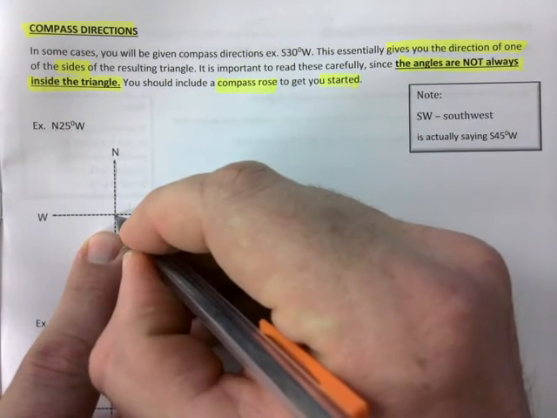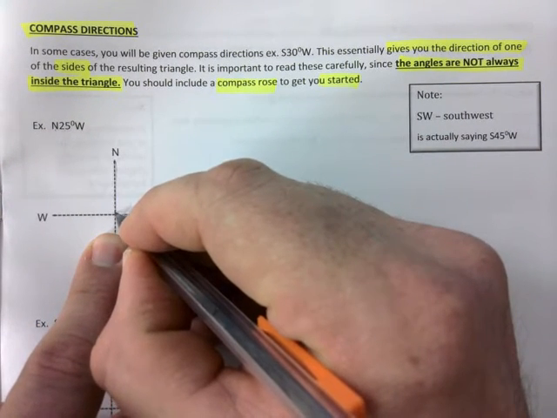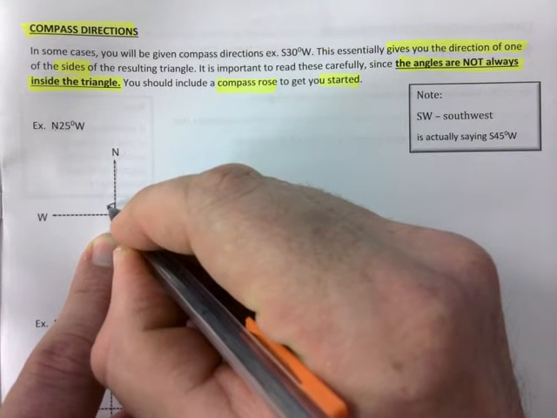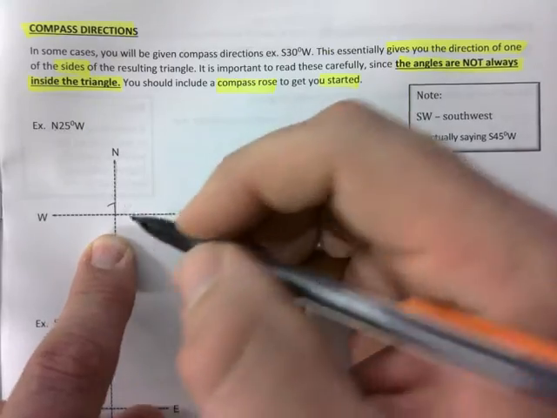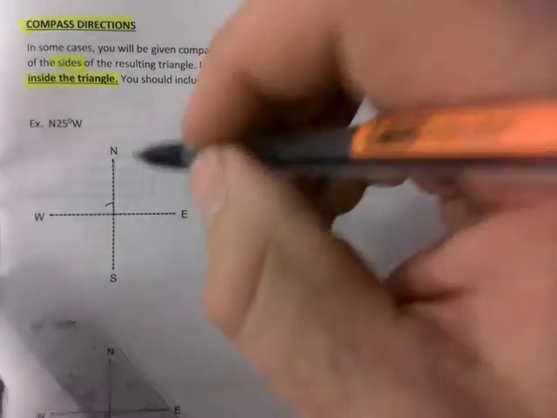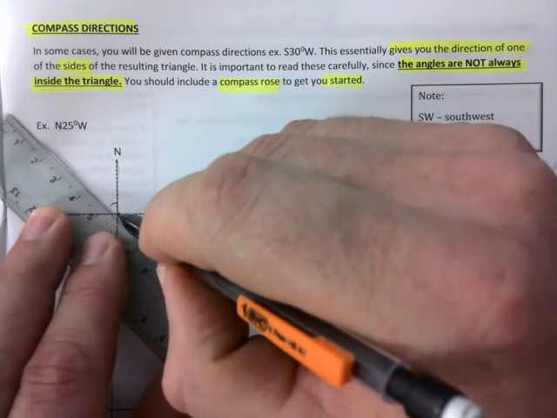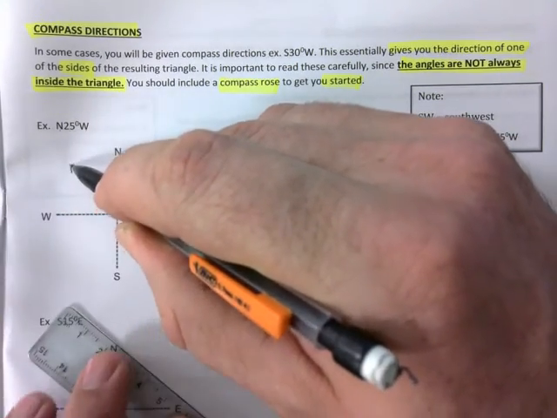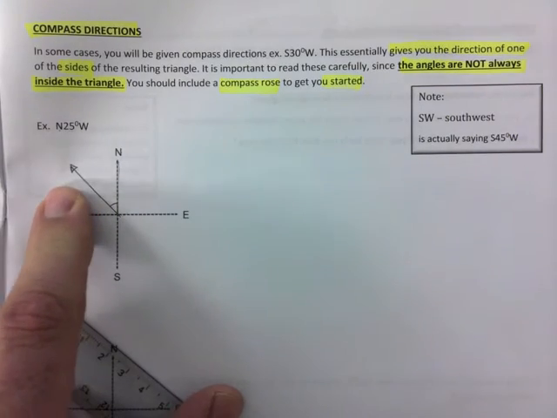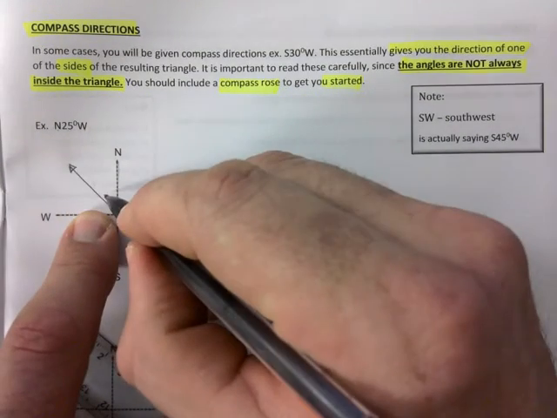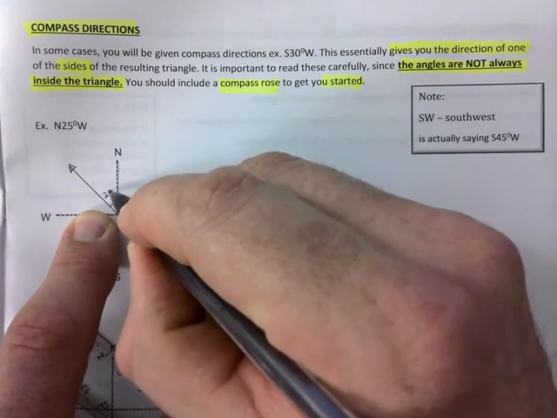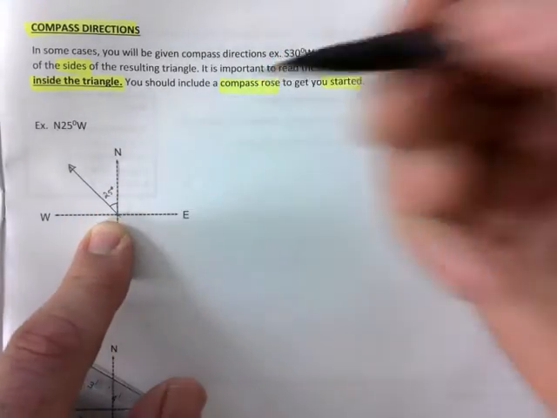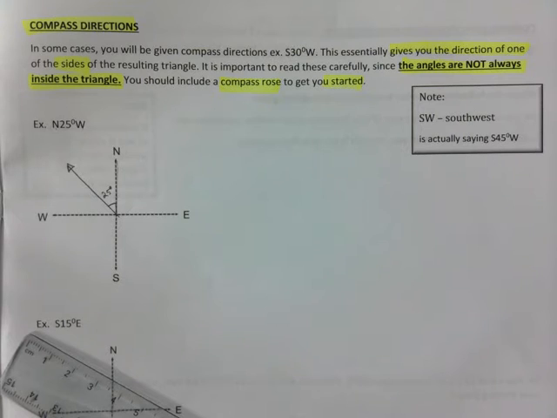So this is where you start, move up a little bit towards north, and then go off like that towards the west. If you have a ruler, from the center, go that way. And that's the direction that I'm heading. And the 25 degrees would go between the north and the actual direction you're traveling. Okay?